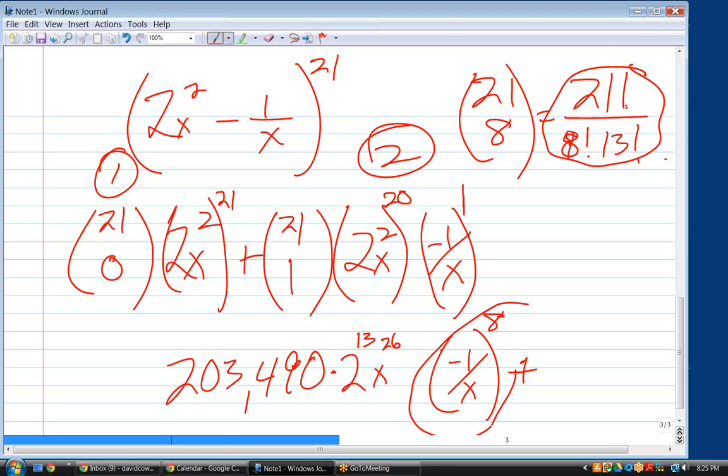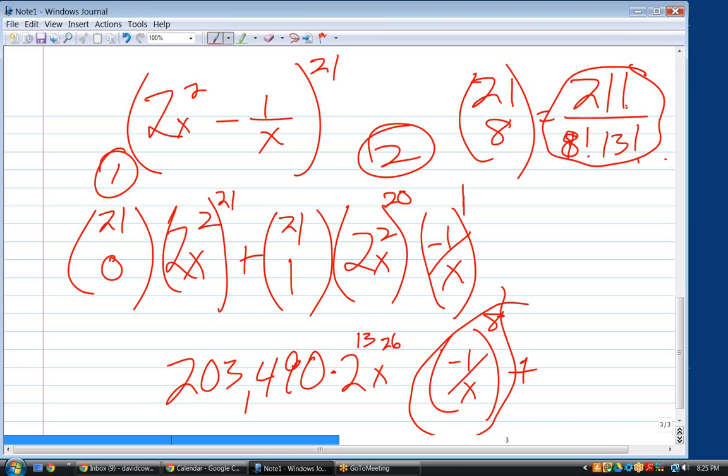Now this part here. That would be negative 1 over x to the 8th. Well, that's what's written there. What does it simplify to?